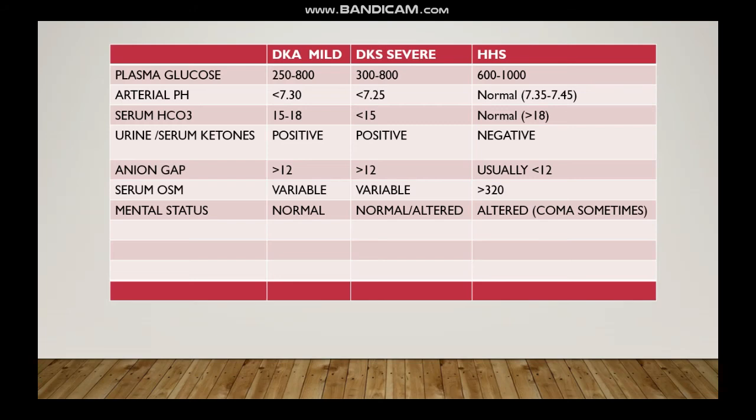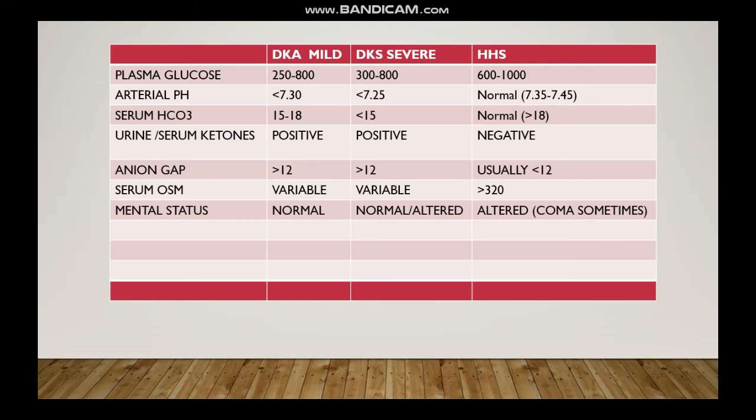For the serum HCO3 in DKA, it's 15 to 18, because it goes down to compensate for the pH, and in severe cases it's less than 15. In HHS it's more normal, which means 18 to 24. Urine and serum ketones are positive in DKA and negative in HHS.